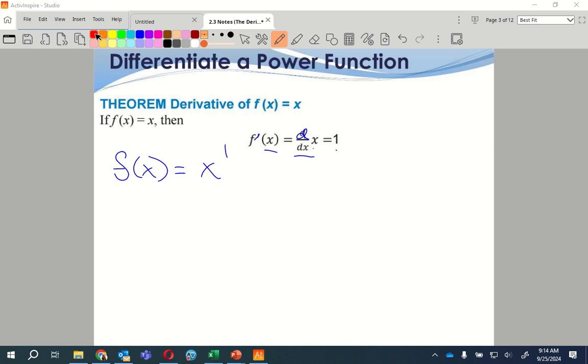I take my exponent, subtract 1, and multiply by the 1 that's out front. So I end up with f prime of x is 1, because 1 minus 1 is 0, and x to the 0 power is also 1. 1 times 1 is 1.